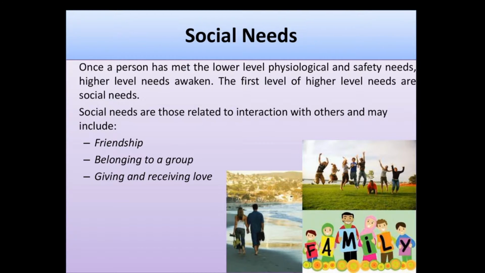Everything you will be looking for is social needs. Social needs, as in this slide itself, are those related to interaction with others, including friendship, belonging to a group, and giving and receiving love with anybody, that is society.